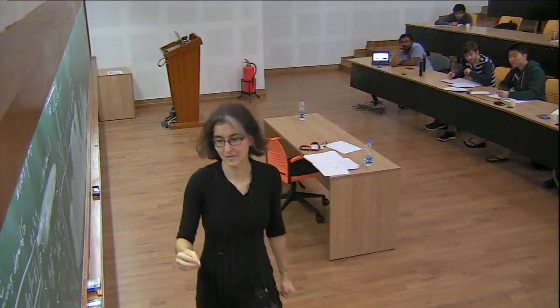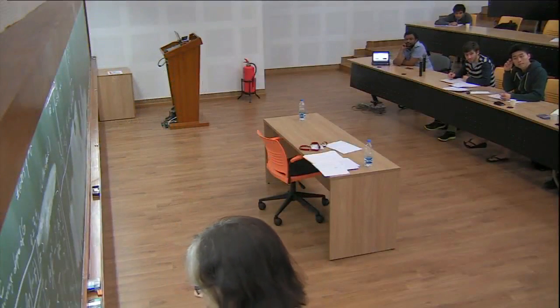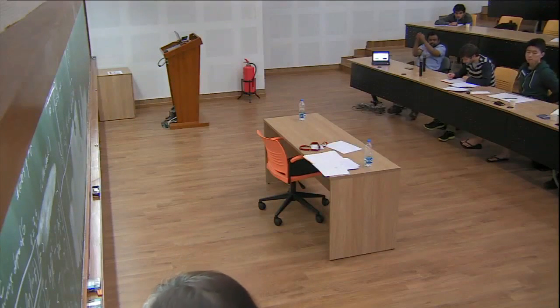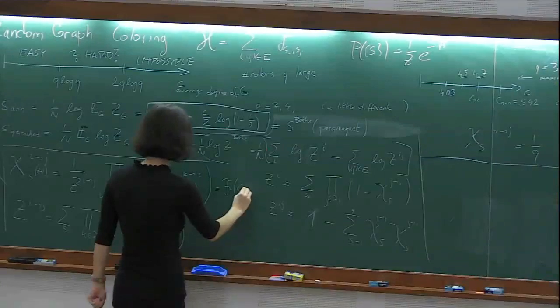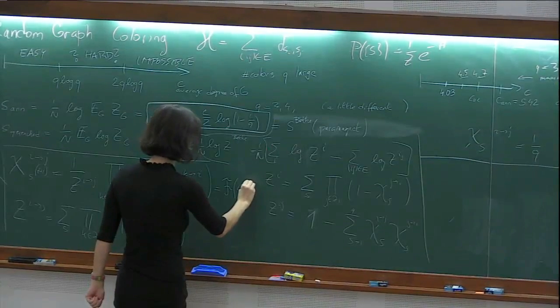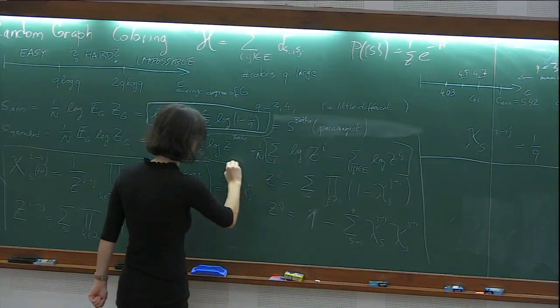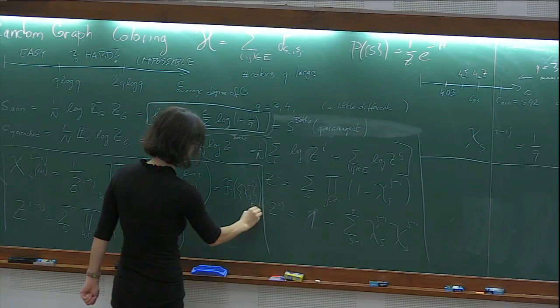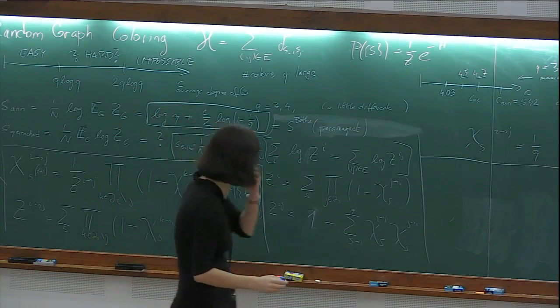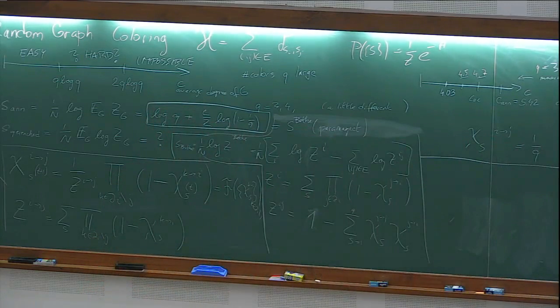Let me call this some function, curl f, that depends on the messages that go in, all these messages where k is in the set of neighbors of i but not j. Then what we need to compute is the partial derivative of this function that depends on these messages.